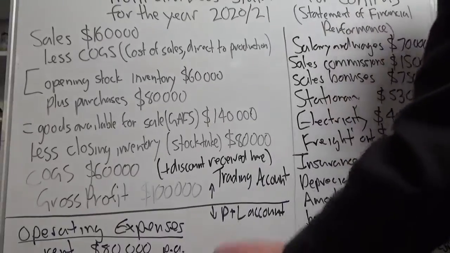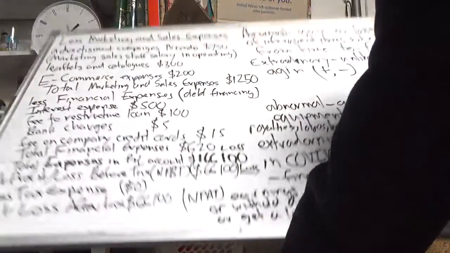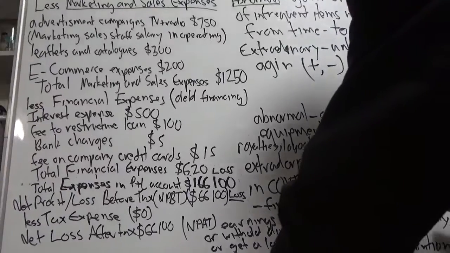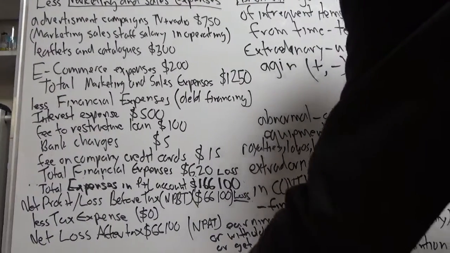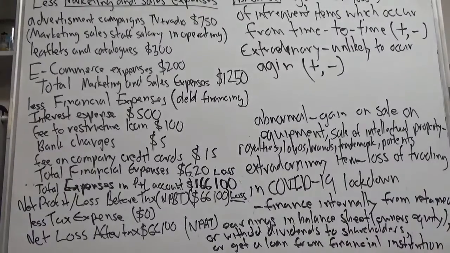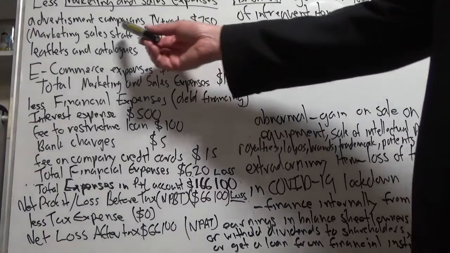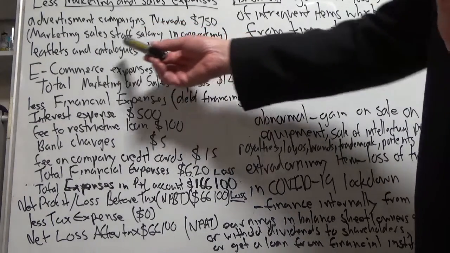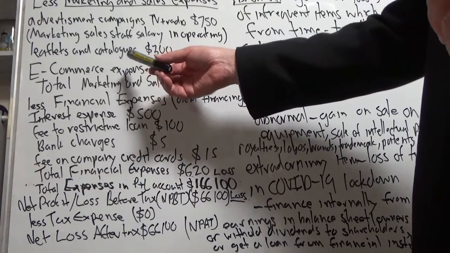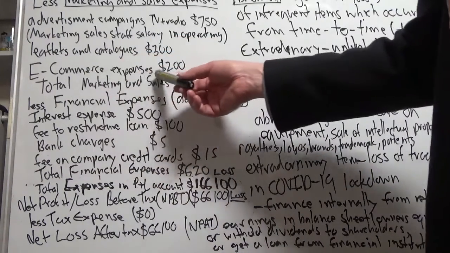And just over the whiteboard, the next category will be marketing and sales. Now I've put the salaries all in operating expenses, but your marketing and sales expenses are items such as advertising campaigns on TV and radio, leaflets and catalogues, and e-commerce expenses.